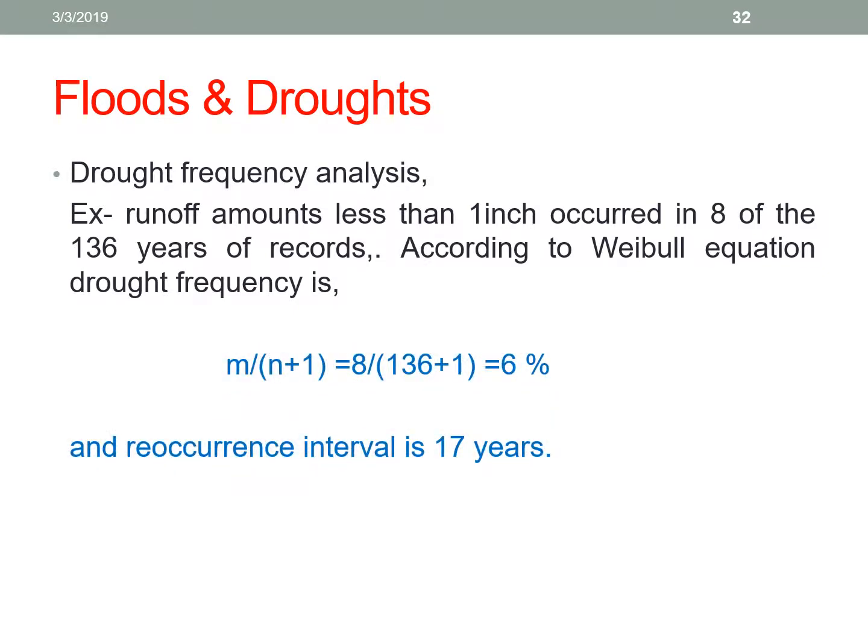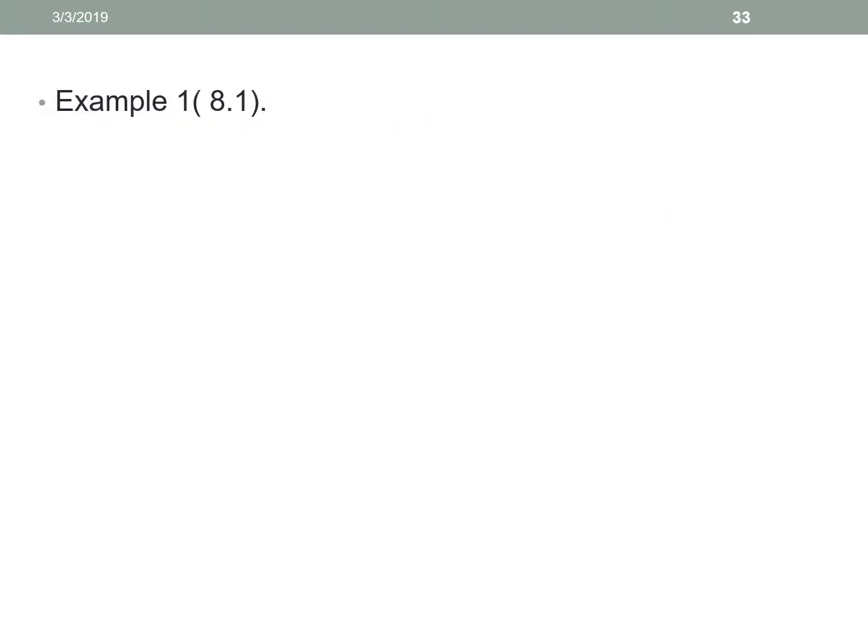That is for 8, so 8 over 136 plus 1 will be 6%. And the recurrence interval is 17 years. So if you reverse this number, that will be 17 years.